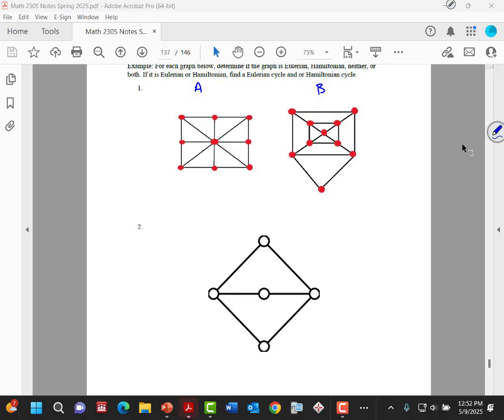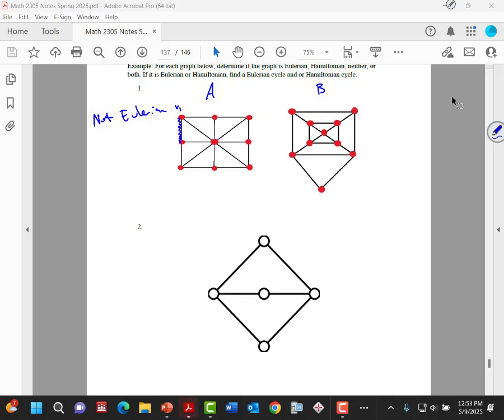Okay, I can go ahead and tell you that A is not Eulerian. How do I know that? 1, 2, 3. There's a vertex of odd degree. Anytime there are vertices of odd degree, not Eulerian. Okay, what about Hamiltonian? Can I construct a cycle in graph A and visit each vertex once and only once? Sure, let's see. I'm going to start here at V1, and let's see this path.